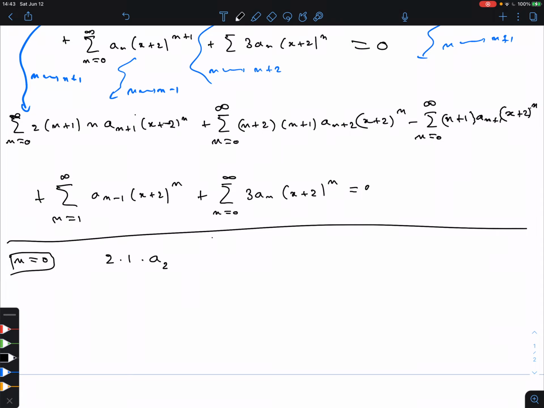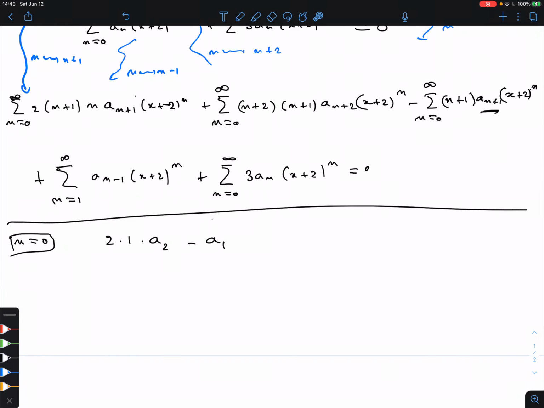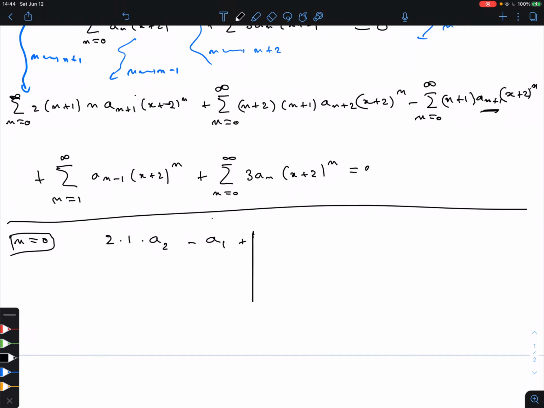For there we also have 1, so that is minus a, and n was 0, so a1, right? So we put 0 in here. The next one, there is no 0, so don't try to do anything here, but here we have 1, so we get plus 3a0.